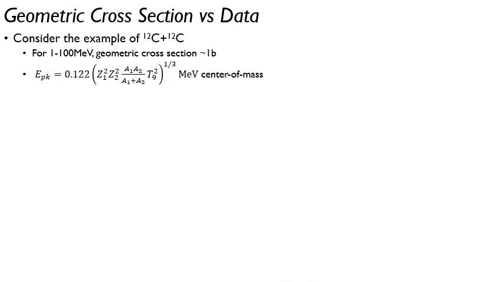Now, what energy do we actually care about for astrophysics? Let's calculate that, because then we want to figure out what the actual measured cross-section is so we can compare it to our data here. As you saw in the book, for charged particles reacting, you create this Gamow window.